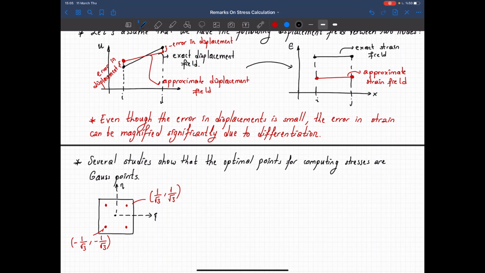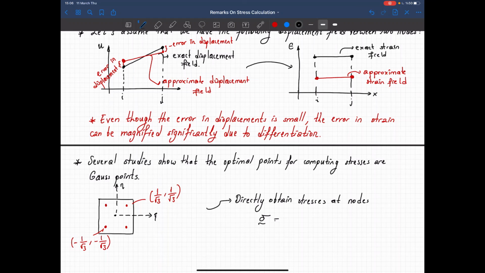So what we can do is directly obtain stresses at nodes. That's one possibility, but of course depending on the element formulation and especially your element sensitivity to mesh distortion determines whether this is a good idea or not. How do we calculate the stresses at the nodes directly?